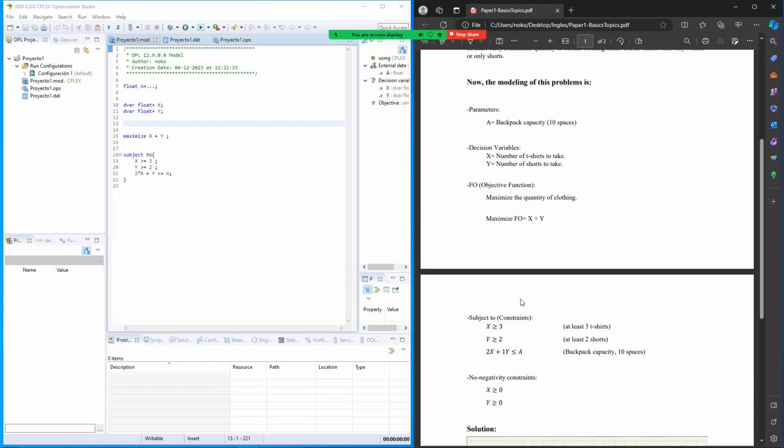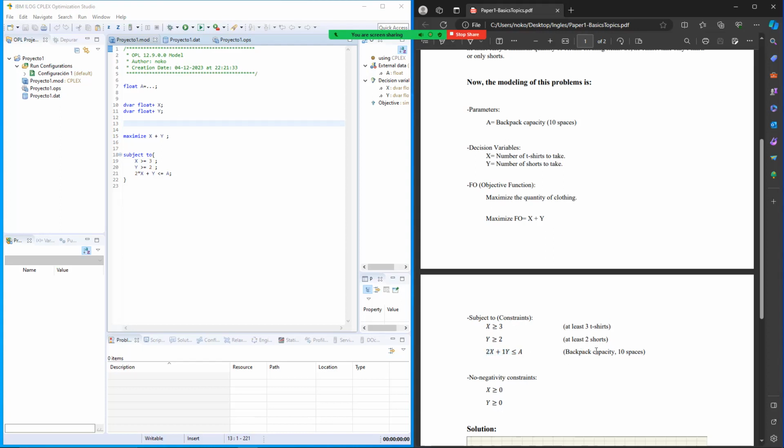For that, we have some constraints. The number of t-shirts, x, needs to be greater than or equal to 3. In the case of shorts, y will be greater than or equal to 2.